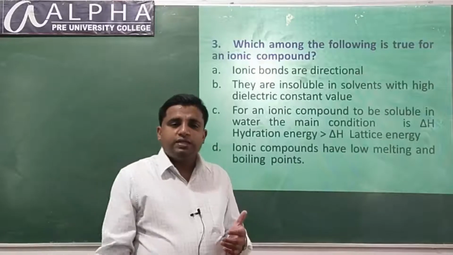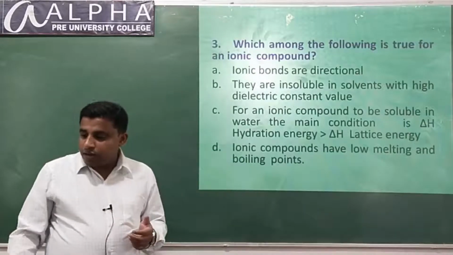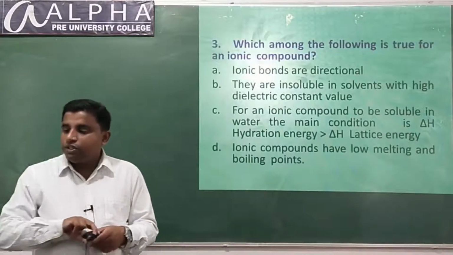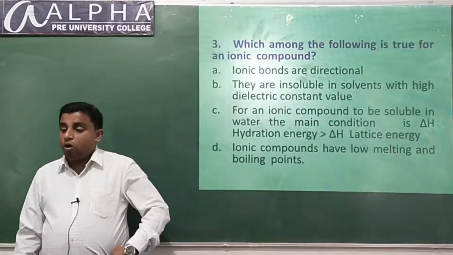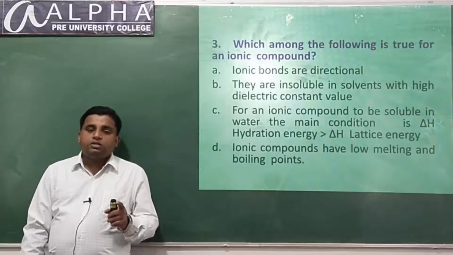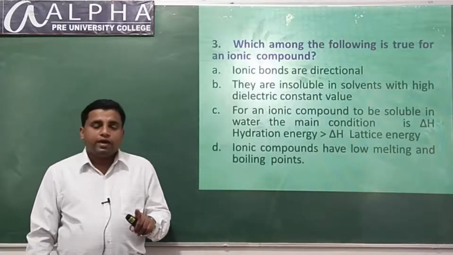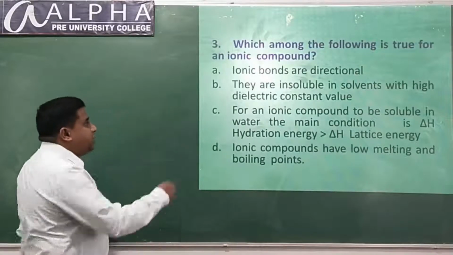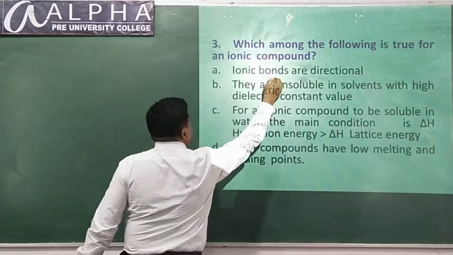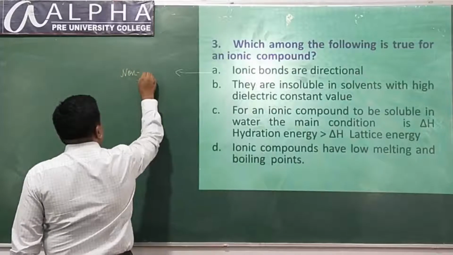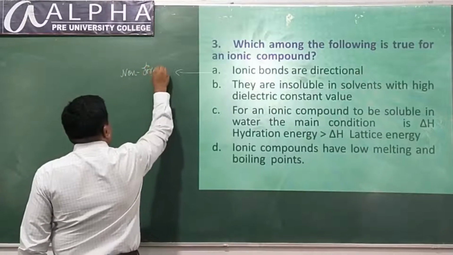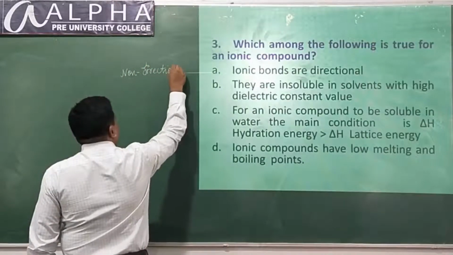So with this basic idea, please read the question that is given. Which among the following is true for an ionic compound? The first option says ionic bonds are directional. No, ionic bonds are always non-directional.